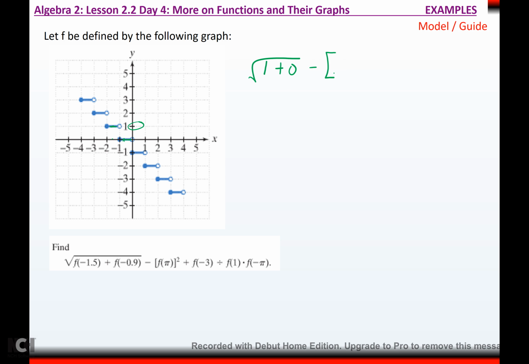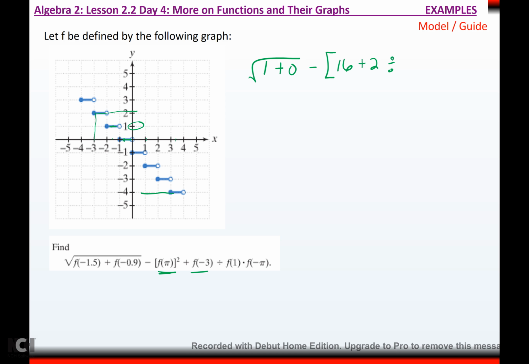Minus bracket f of pi squared. Well, f of pi is 3.14, so it's about right there. If I go down, that puts me at negative 4. So this is negative 4 squared, which would be 16. F of negative 3, if I go to negative 3, go up to the graph, the y value is 2, so plus 2, divided by f of 1.